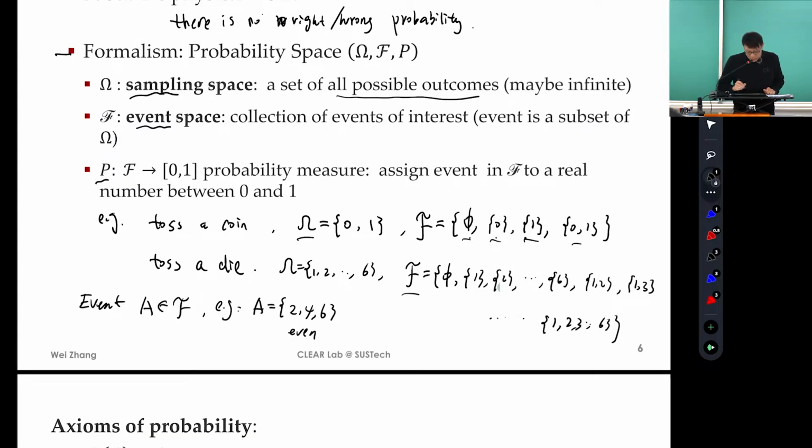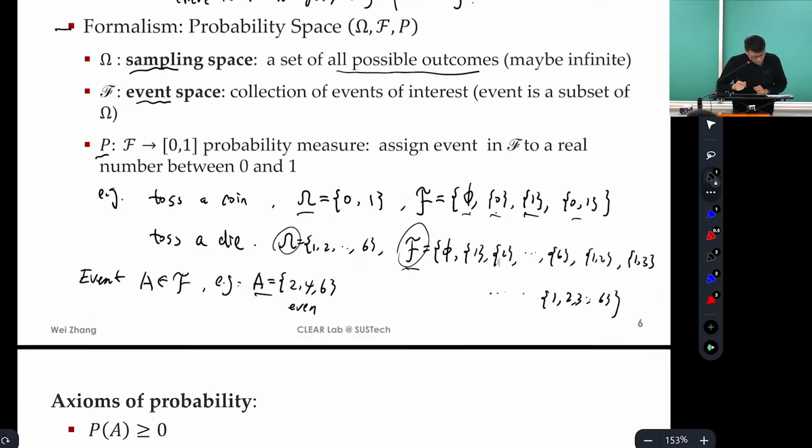This is a subset of omega, but it is an element of the event space F.